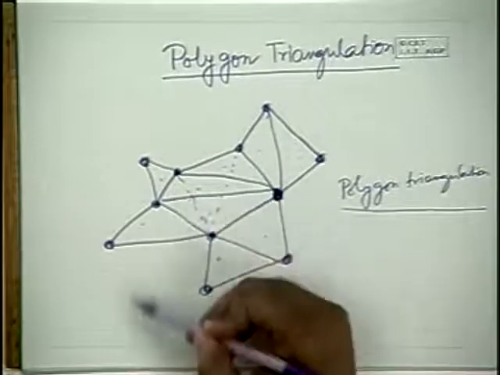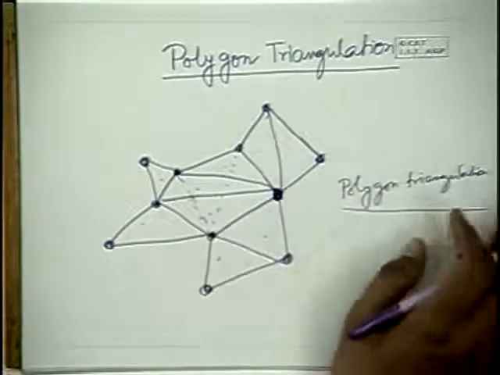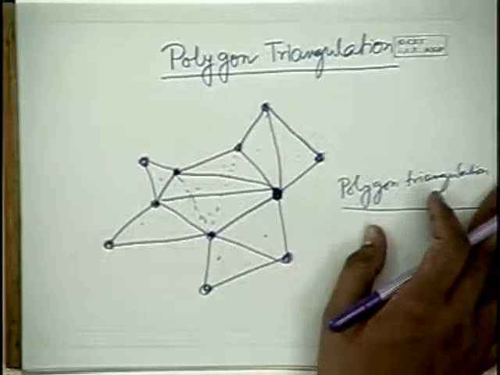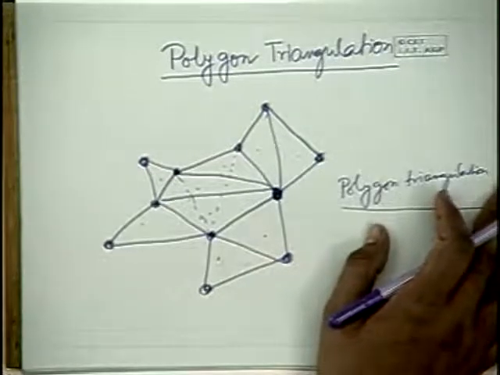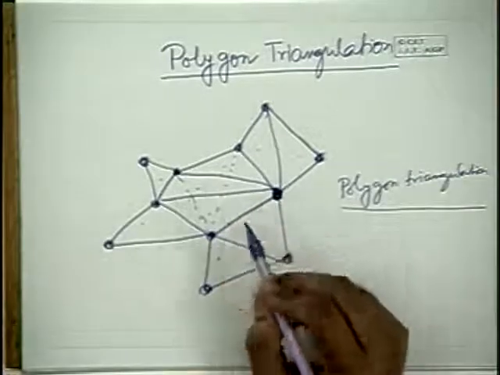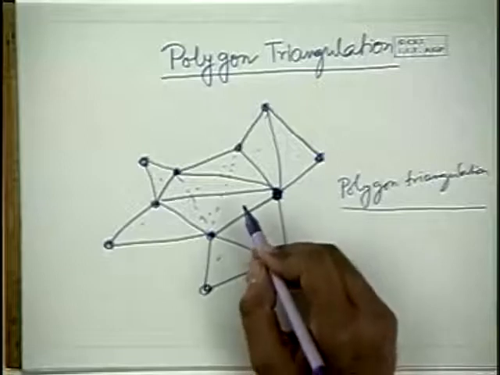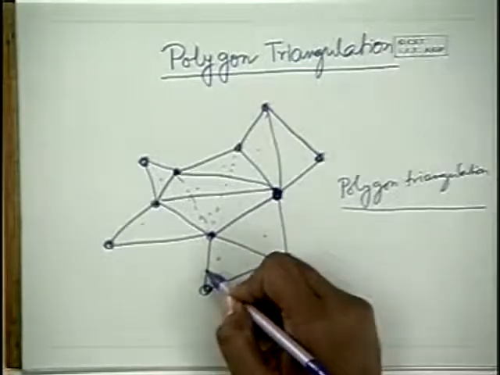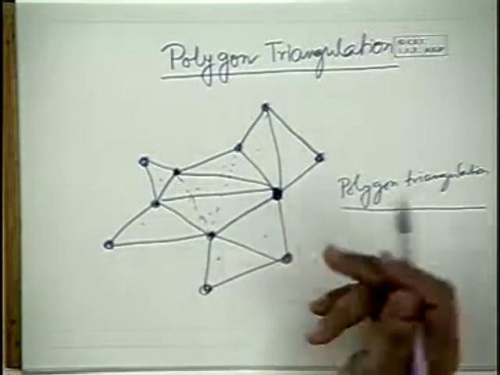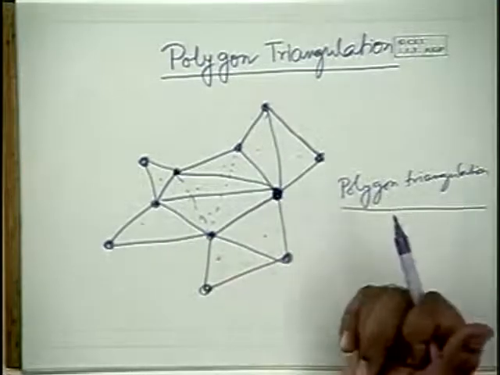Now suppose among all possible triangulations somebody wants to optimize something. Suppose I want to optimize, say, the area of the triangle. So you are just given a triangulation, look at the maximum area of a triangle. Now among all possible triangulations, each one will return a maximum area of a triangle.